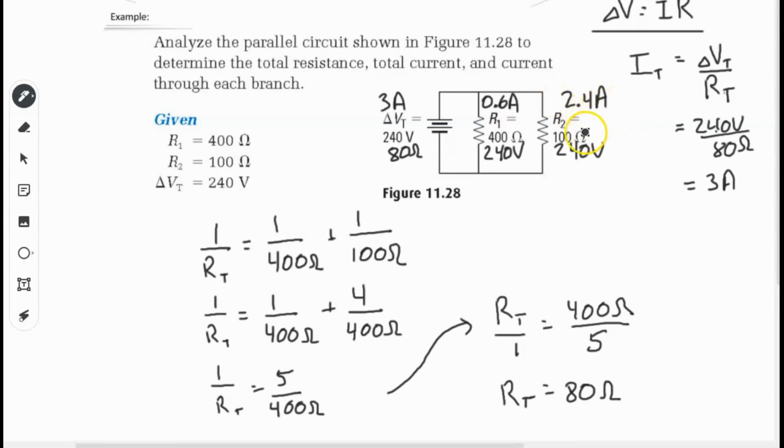And we can do a check on that. We can use Kirchhoff's current law for a parallel circuit, which says that these two currents must add to give the total current. And indeed it does. 2.4 amps plus 0.6 amps do add to 3 amps. So we've solved all of our unknowns in our circuit.